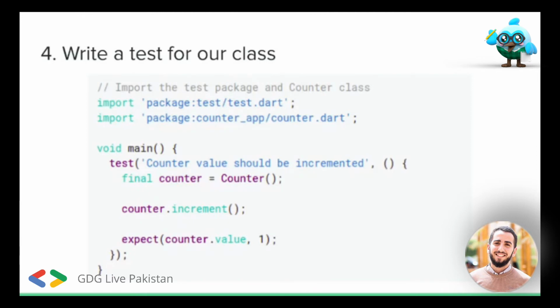Tests are defined using the top-level test function and you can check if the results are correct by using the top-level expect function. Both of these functions come from the test package that we imported in the pubspec.yaml in the sixth slide.